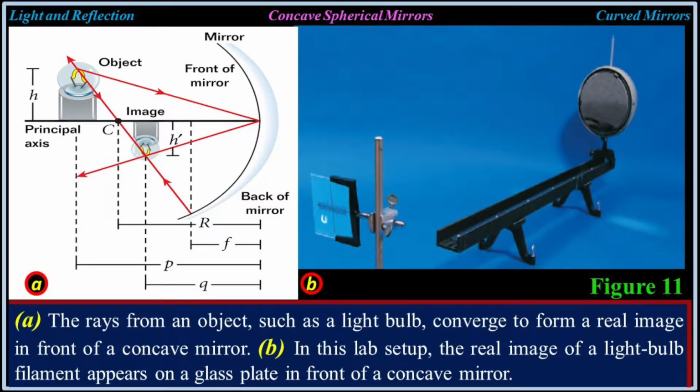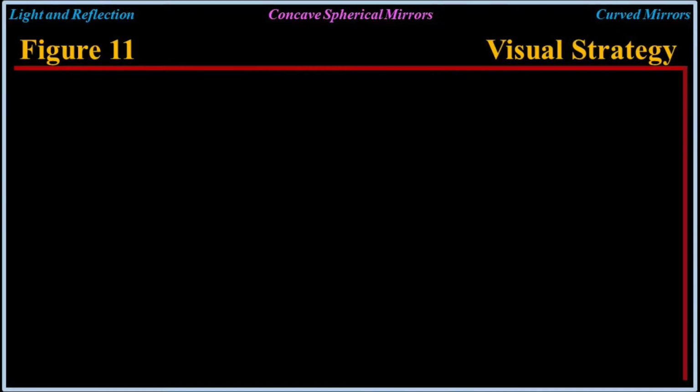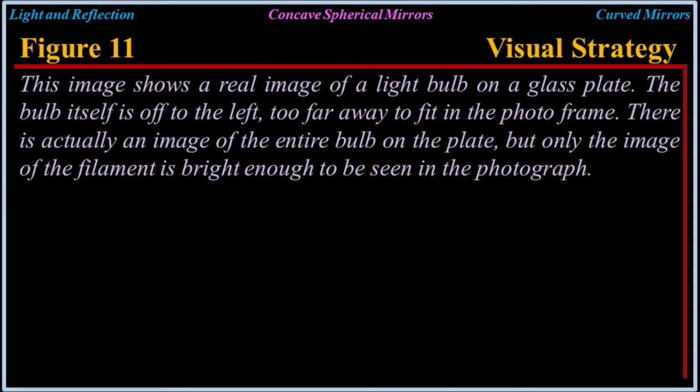A, the rays of an object, such as a light bulb, converge to form a real image in front of a concave mirror. B, in this laboratory setup, the real image of a light bulb filament appears on a glass plate in front of a concave mirror. Figure 11, visual strategy.